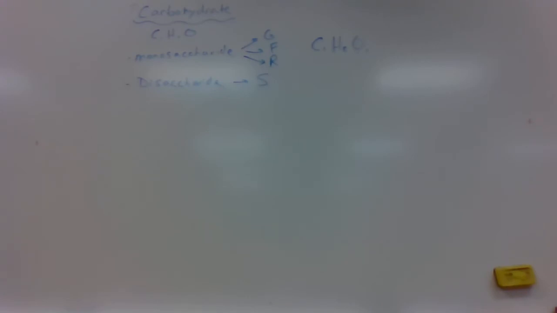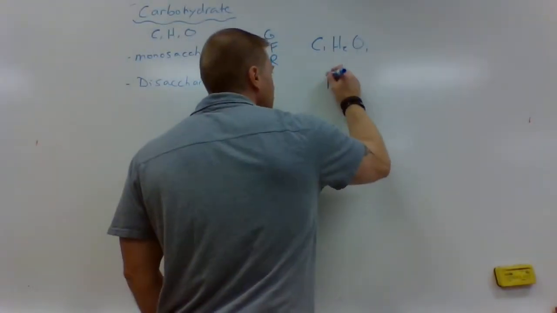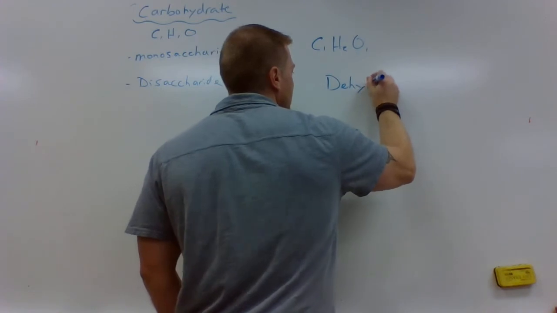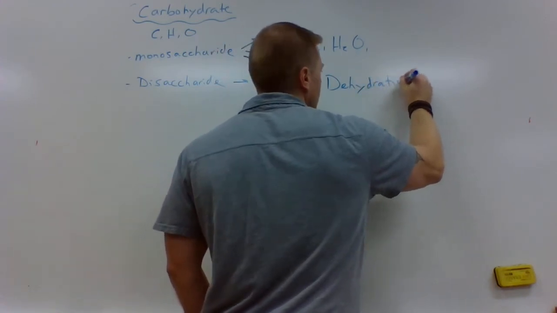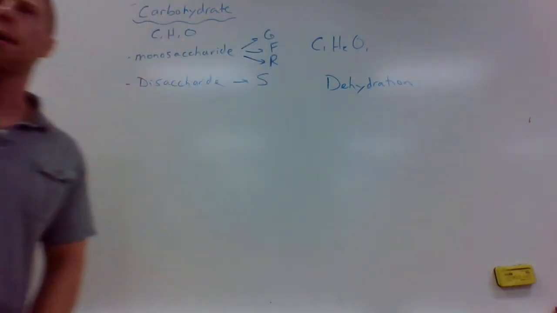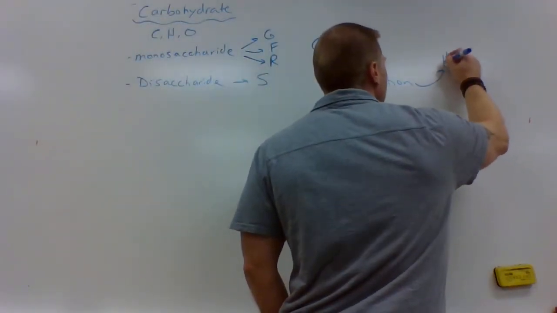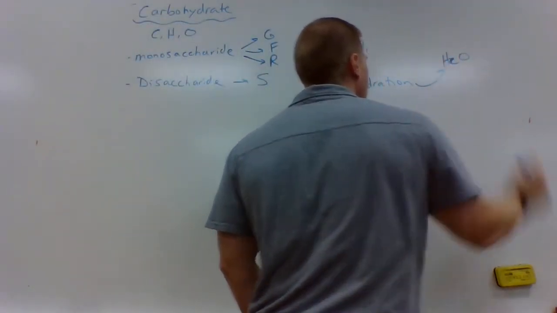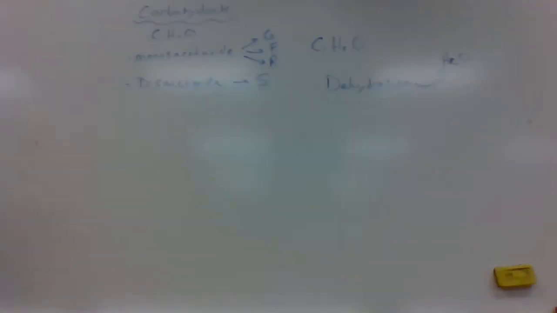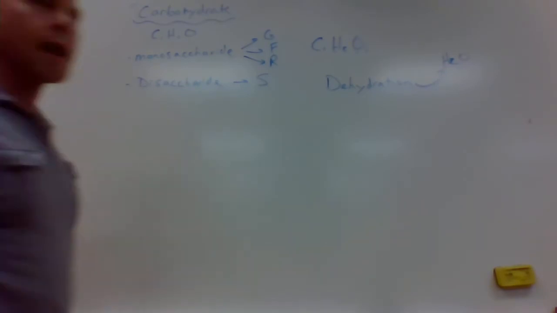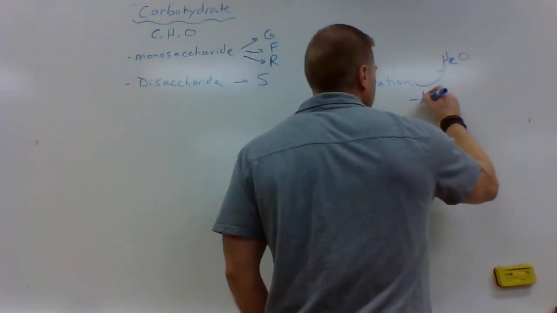Dehydration synthesis. Right? So remember, dehydration synthesis is the removal of what? Water. Right? So you're removing water, and whenever you perform dehydration synthesis and you remove water, you are creating a bond.